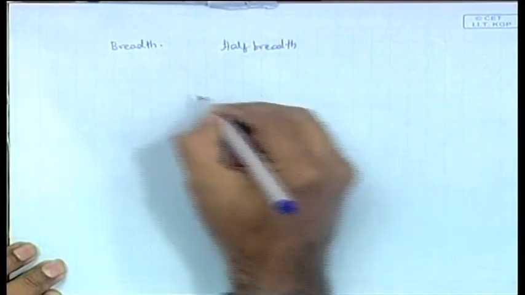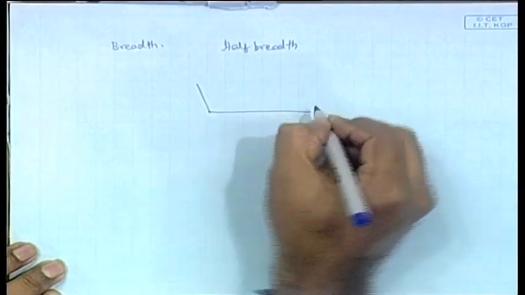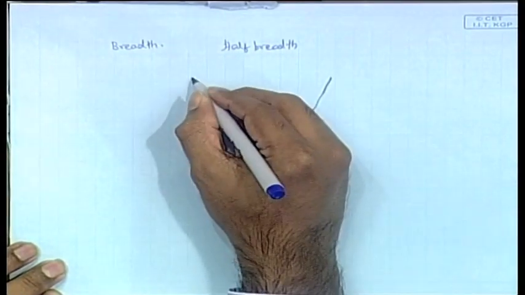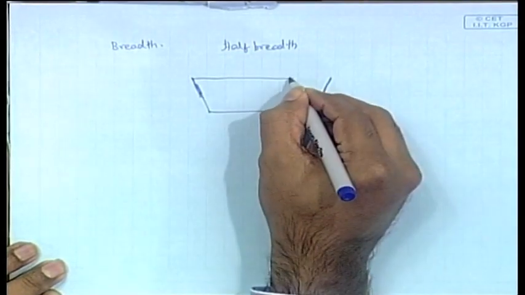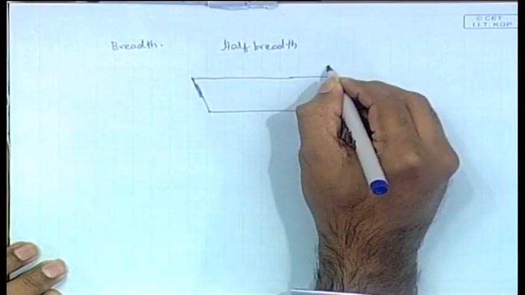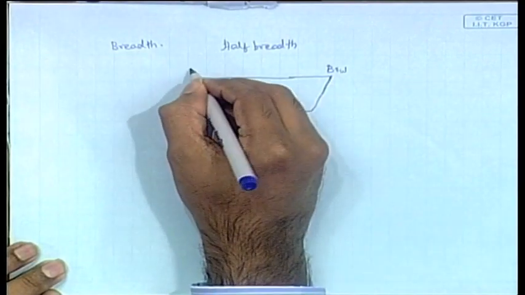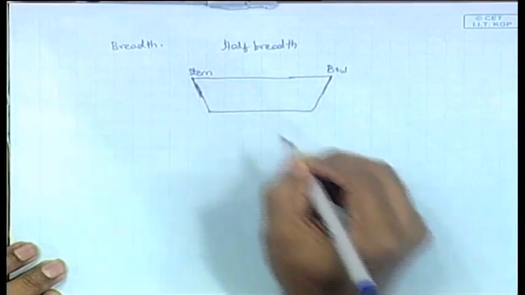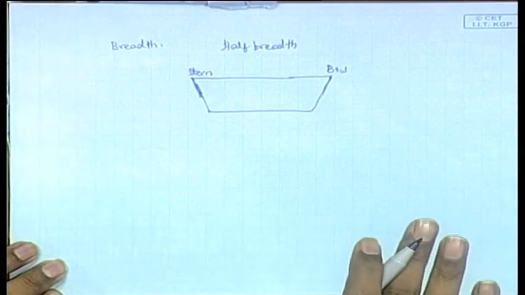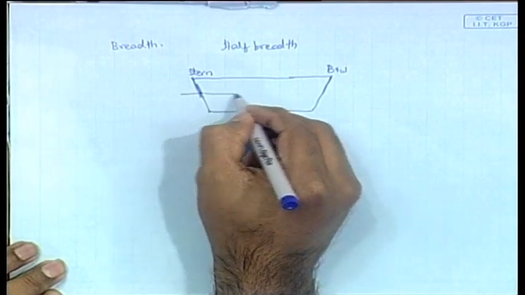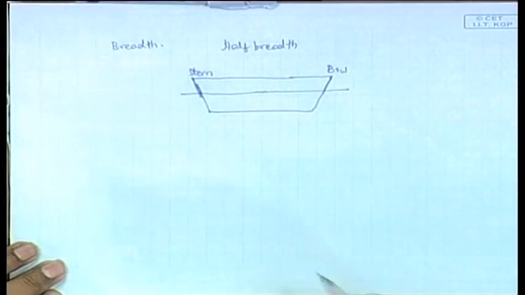Then the next one is, this is the bow and this is the stern. Now, when a ship is put in water, the water extends to some height. Let us say this is the height.